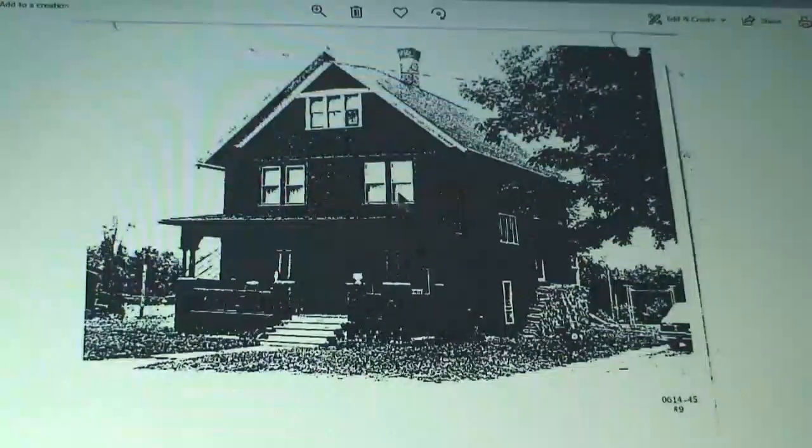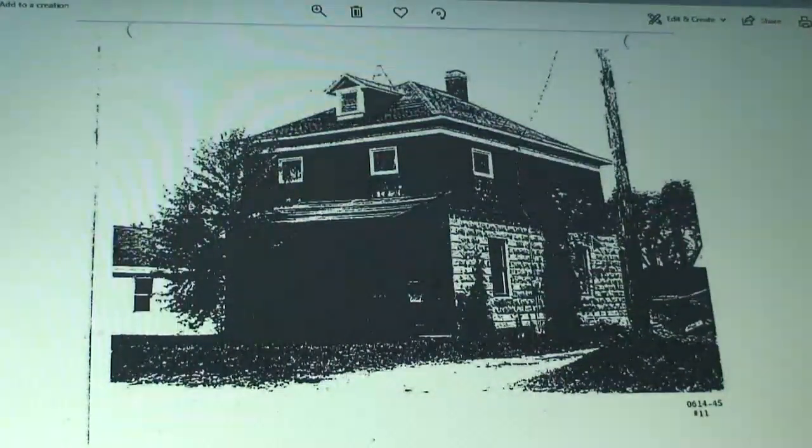Notice the number of windows at the top, the older car parked in the driveway. This particular home is now a vacant lot. This would be the post office built after the closing of Joe's Country Store. This was a unique building inasmuch as it had a stone base on the first floor and then a shingled top and then a roof with a cupola.